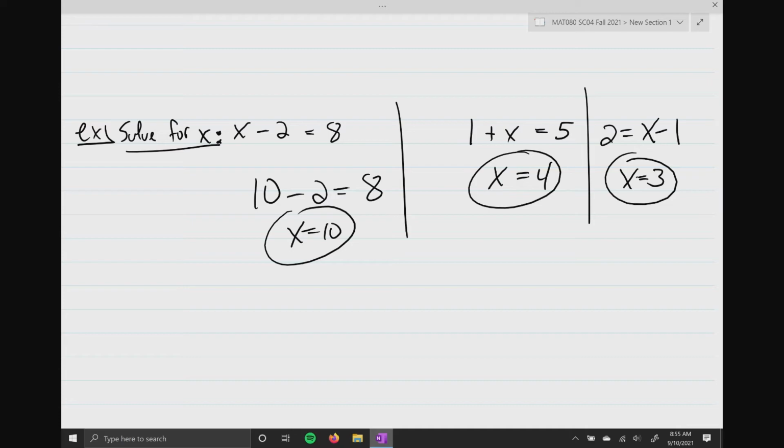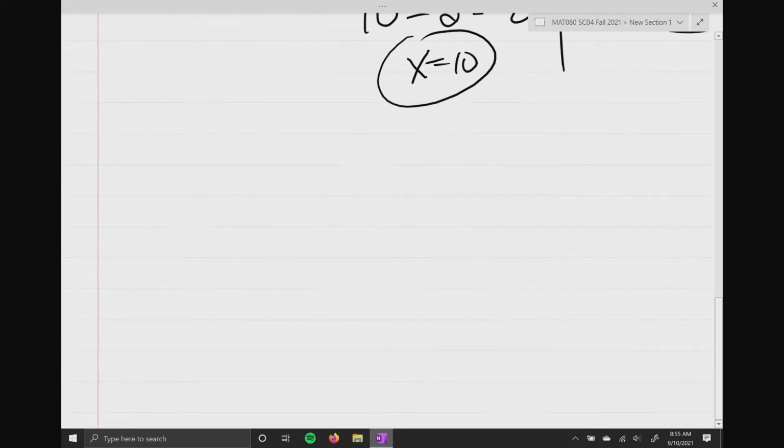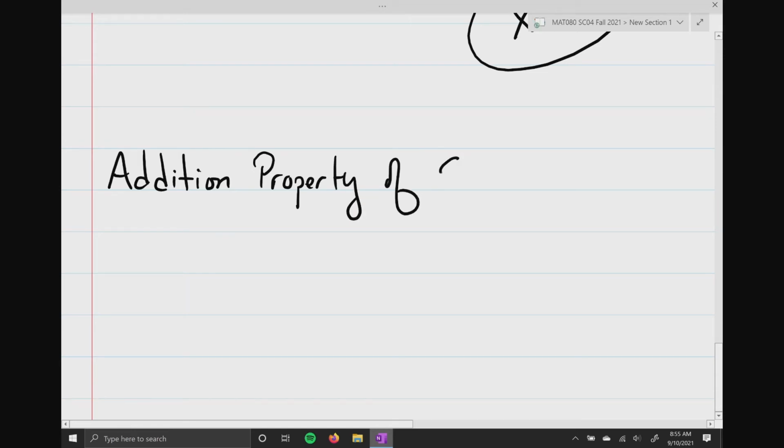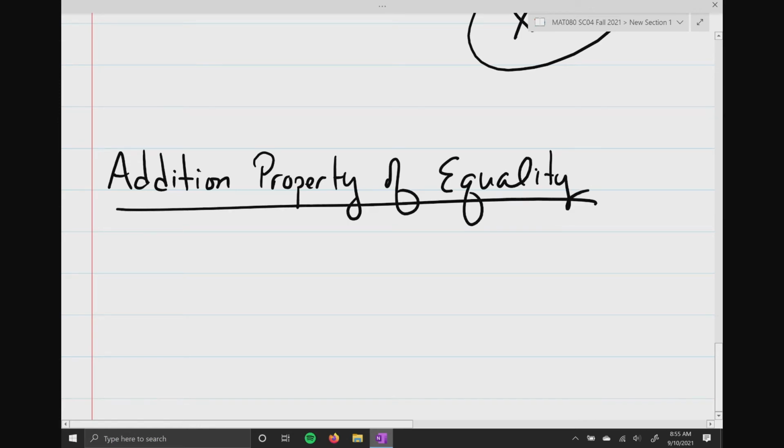So the first one I want to talk to you about is this. It's called the addition property of equality. Okay? And the funny thing is you already know this. You already know this property.